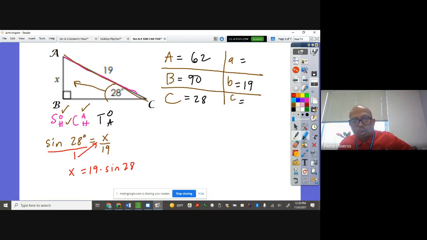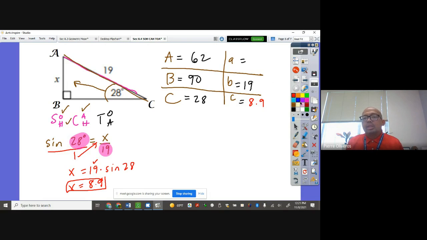Remember, guys, that you do not multiply the 19 and 28. That's a degree, and this is a side measurement. So I like to tell my kids to put the 19 in front of the sine. Just punch it in the calculator, 19 times sine 28. Make sure, again, you're in degree mode. The answer is x equals 8.92, or 8.9. So therefore, side c is 8.9.